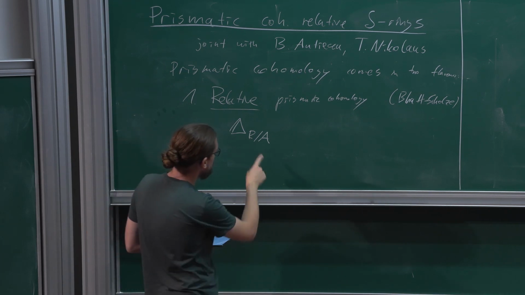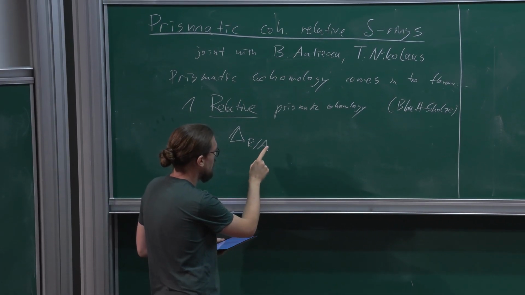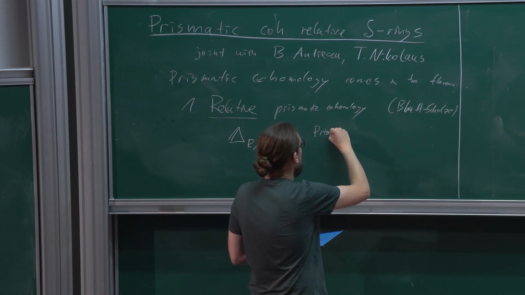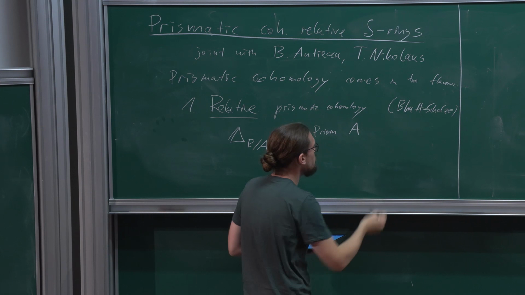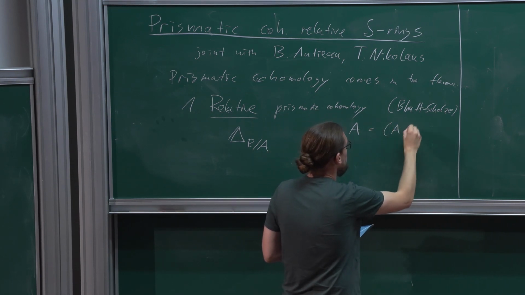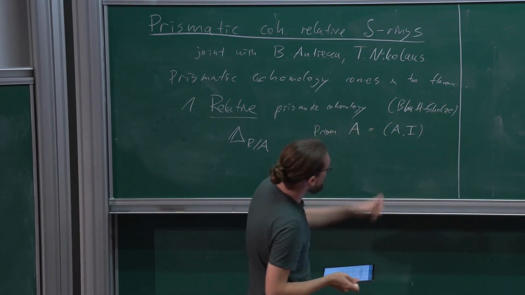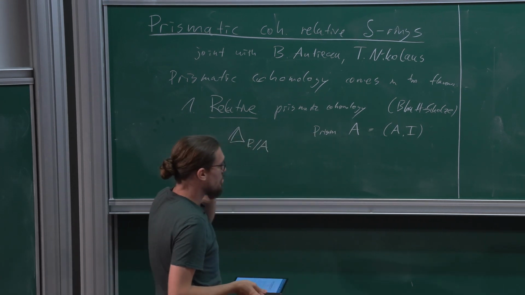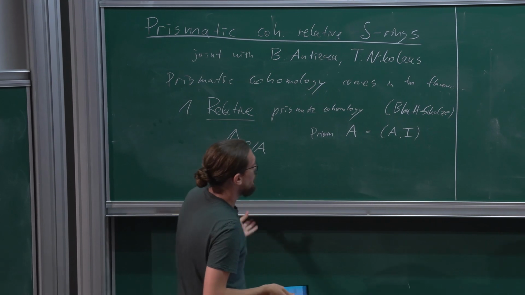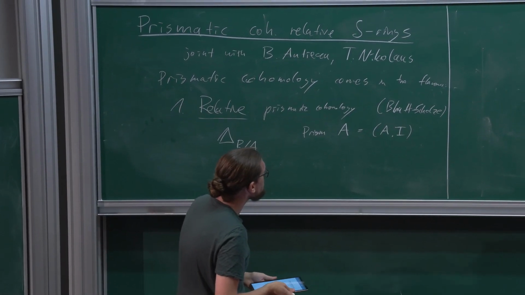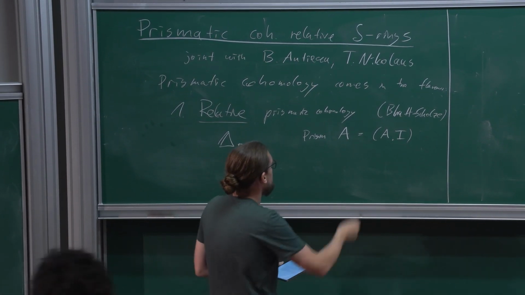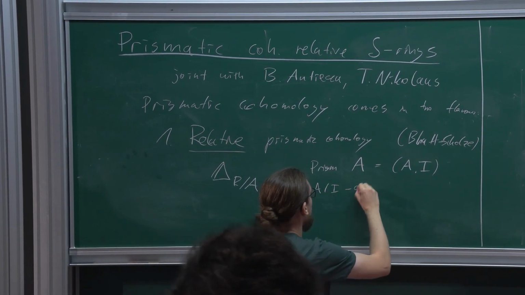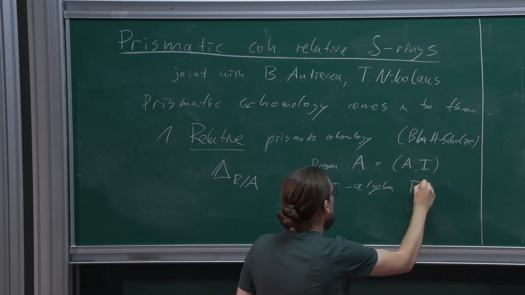Its input consists of some A, and A is a prism. So it's a pair of a delta ring, that's the A, and some ideal I in A with some properties, which we call a distinguished ideal. And an A mod I algebra R.